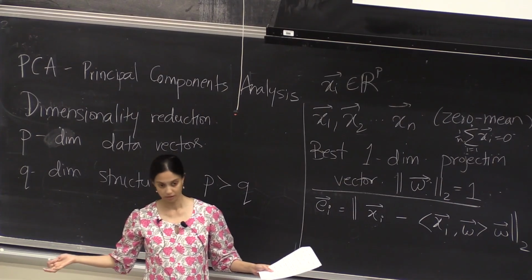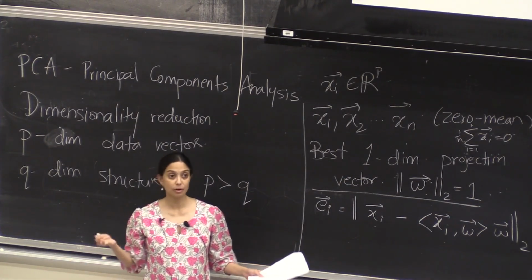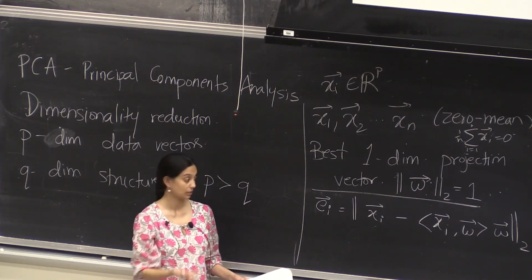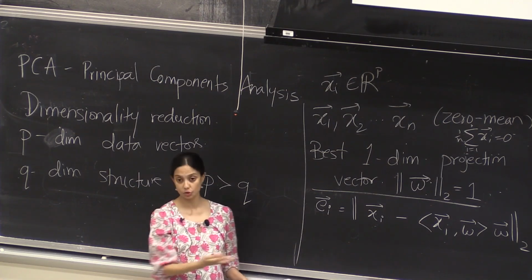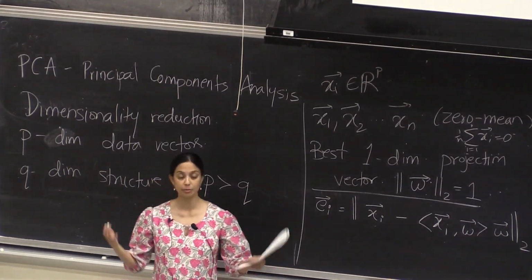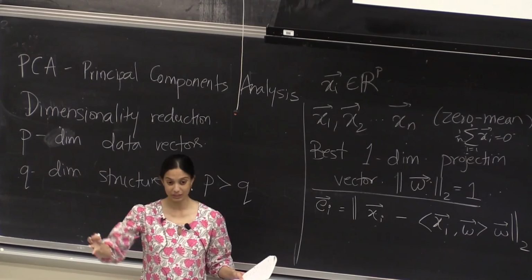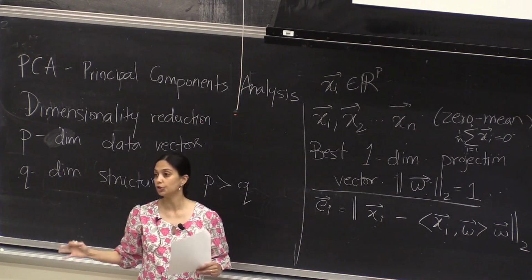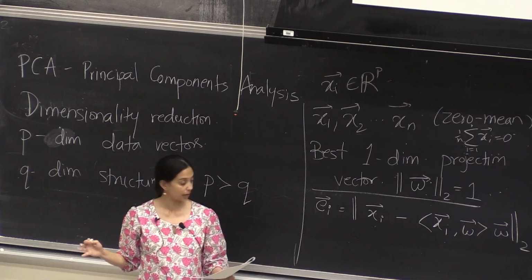Of course not, right? One of the things about optimization is choosing your loss function, choosing what you're trying to minimize. Here, we're choosing this way of looking at the problem. We're choosing to minimize the squared error between your actual data and the projection of the data onto the dimension of choice. Okay?